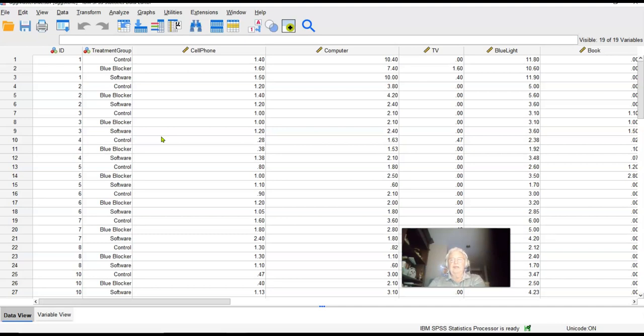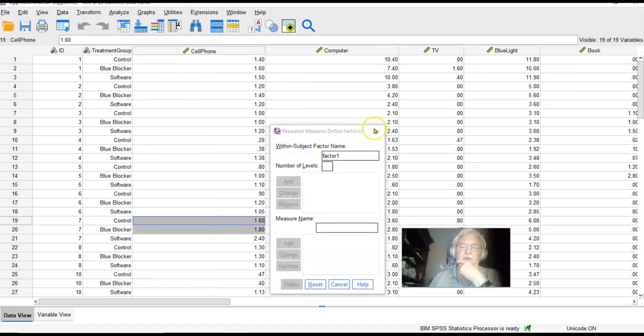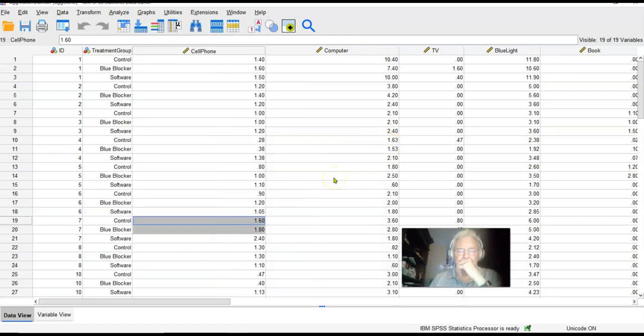You can have multiple covariates. In this case, we're going to just have one. But before we do that, analysis of covariance has an assumption.